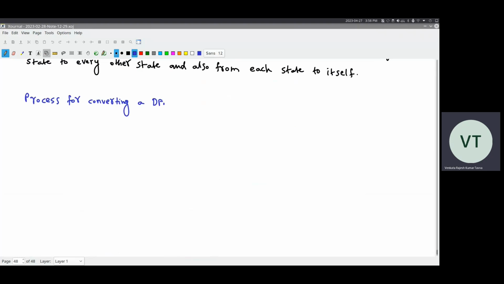So, the process for converting a DFA into a GNFA.